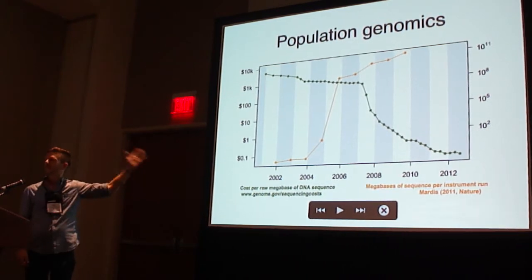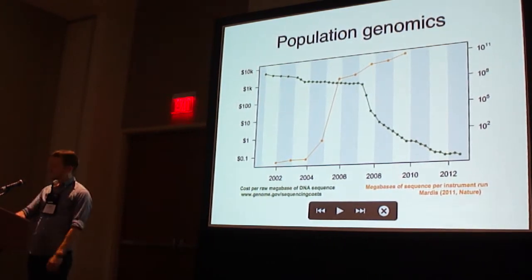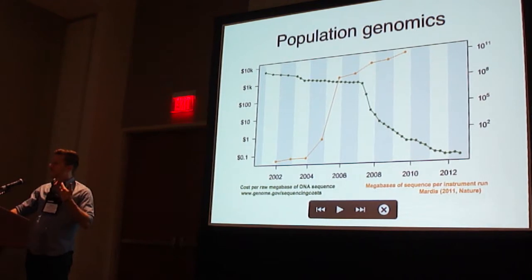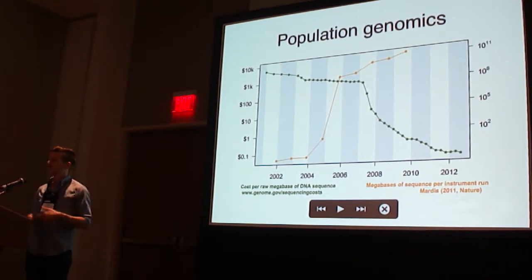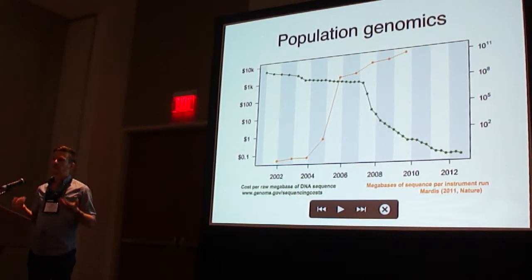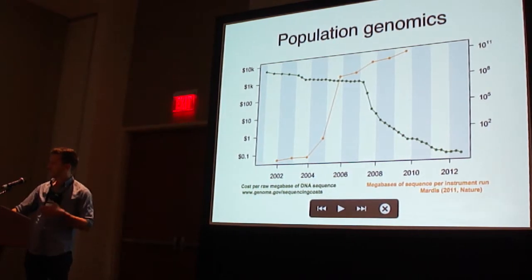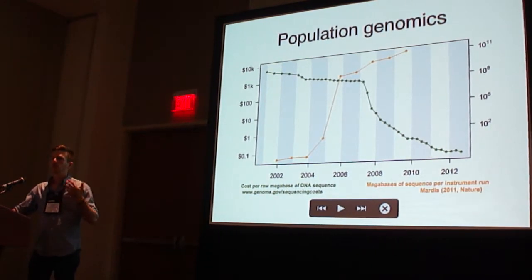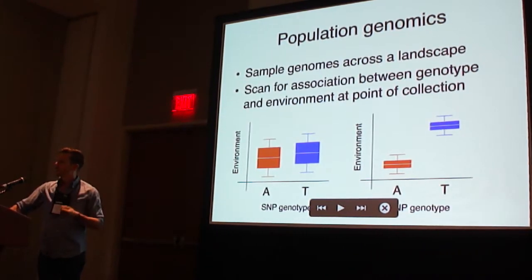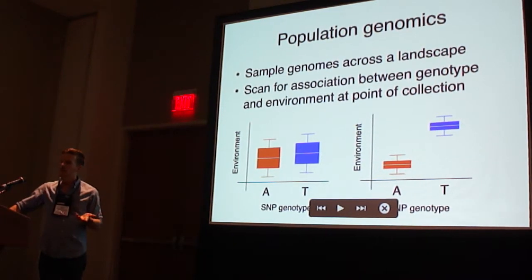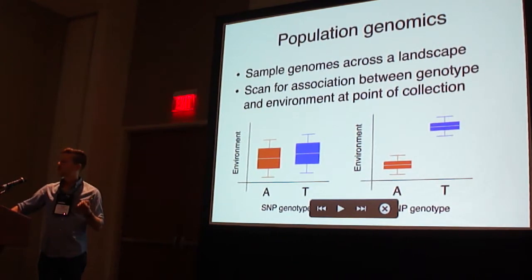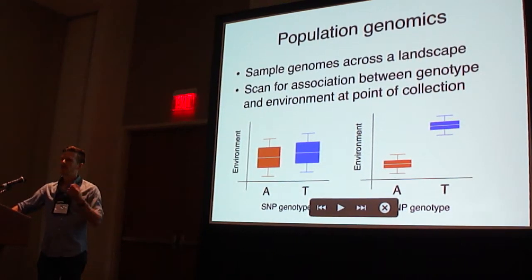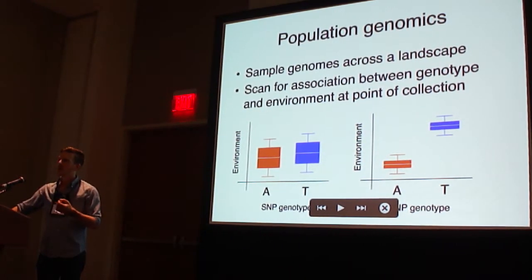This is my stock next generation sequencing slide. With this kind of data, we have access to a class of analyses we think of as population genomics, where we sample genomes across a landscape, and we can actually scan for associations within those genomes between genotype and the environments at the points of collection.